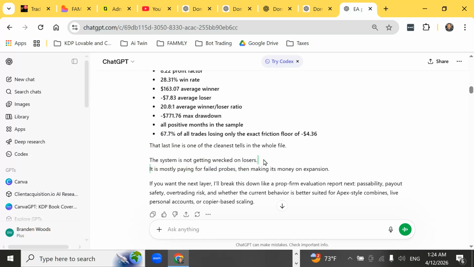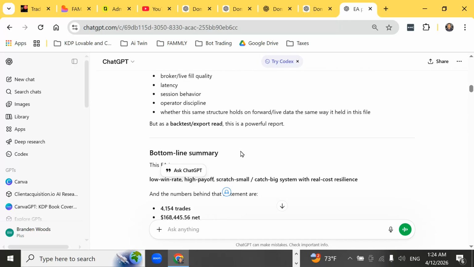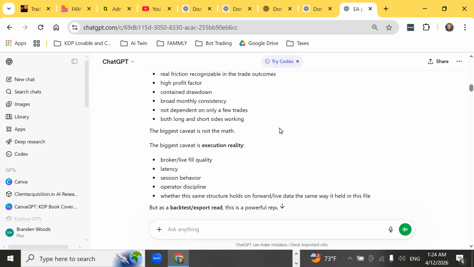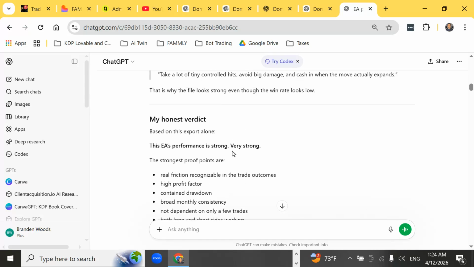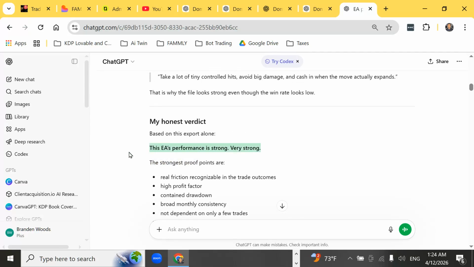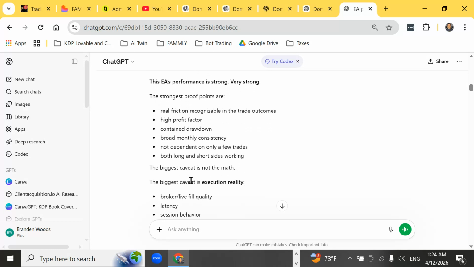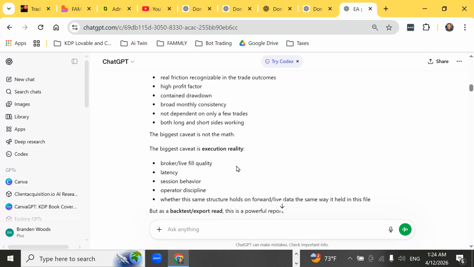It's not getting wrecked on losers, mostly paying for failed probes, and low win rate, high payoff. What I wanted you to see is that it's strong, very strong, real friction. That means I really put real numbers in there in terms of commission and slippage. High profit factor, all of those.